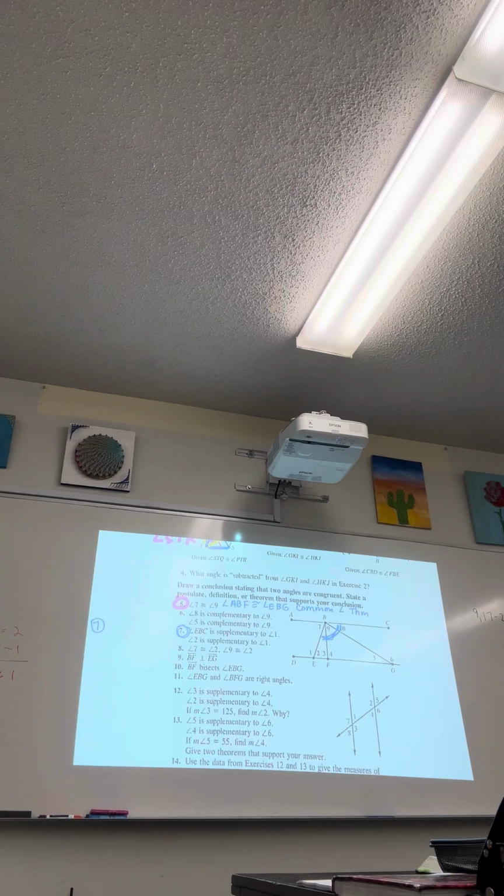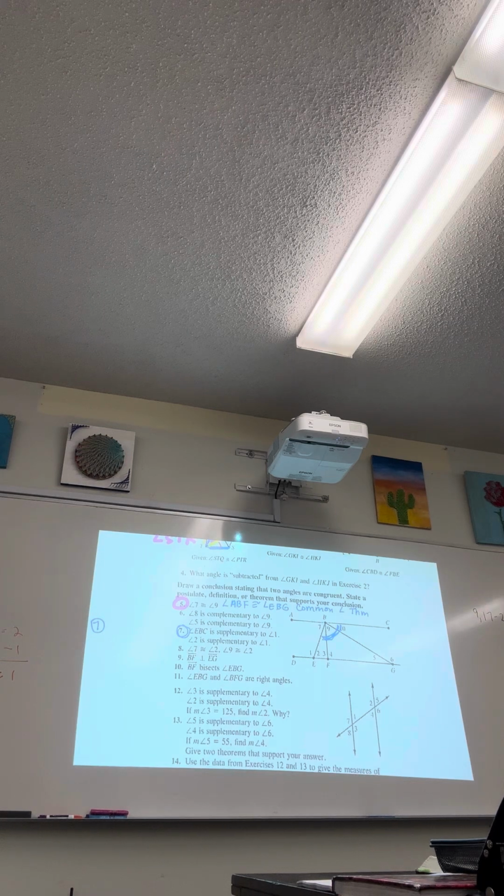And it's saying it's supplementary to angle 1. And then angle 2 is supplementary to angle 1. Hudson, you know the answer? Is it that AC and DG are parallel, kind of like alternate interior? Well, you do have some alternate interior, but that's not what we're looking for.